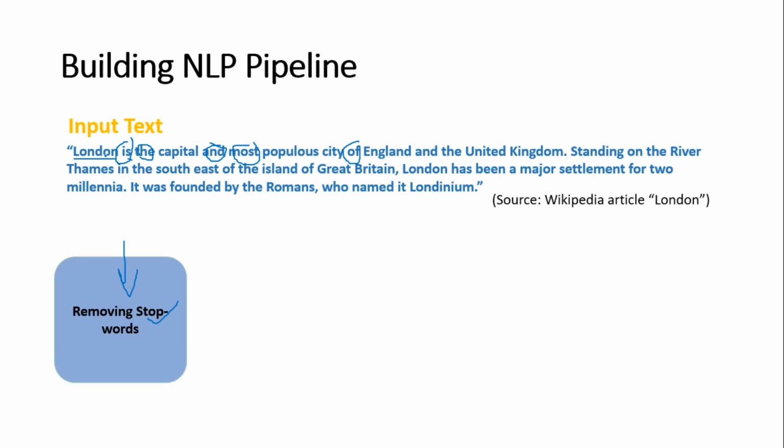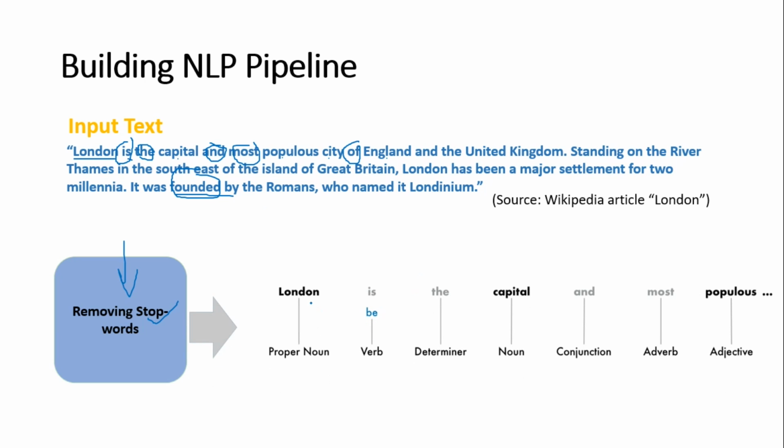So now we have the sentence that contains the words London, capital, popular, city, England. Also we have the facility to add your own custom stop words which you want to remove. Suppose you want to remove "founded" from the data, so you can add "founded" into the dictionary.